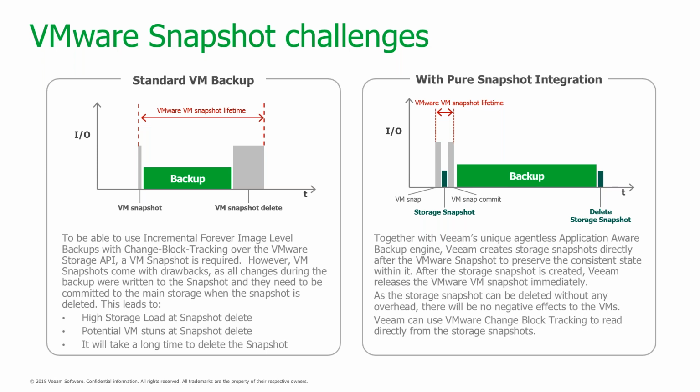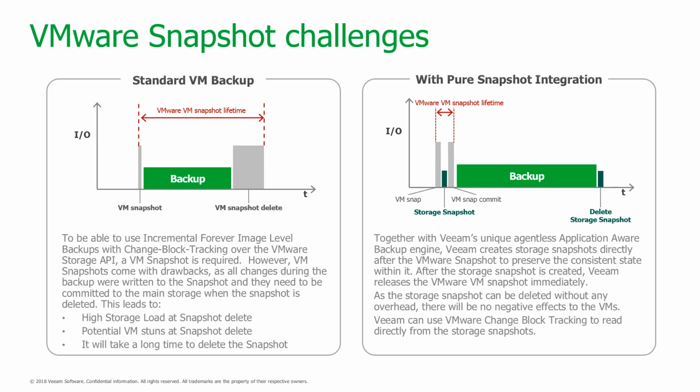Now, vSphere snapshots are great while we're performing our backup because they give us that level of consistency. The problem comes when we need to remove that vSphere snapshot. The snapshot deletion may potentially cause high I/O, could possibly cause stun on the application, and could be just in general impactful to your customers.